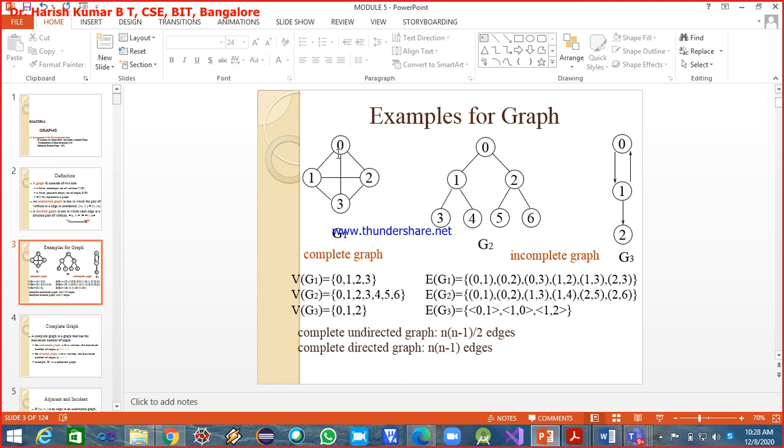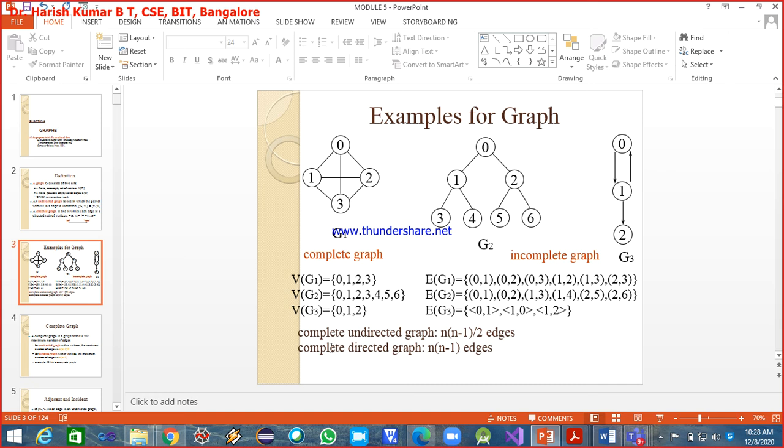Here we have 4 nodes: 4 into 4 minus 1, that is 3, gives 12, divided by 2. So how many edges are there? 6 edges. 1, 2, 3, 4, 5, 6 edges it has got.